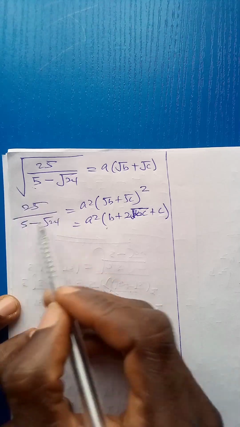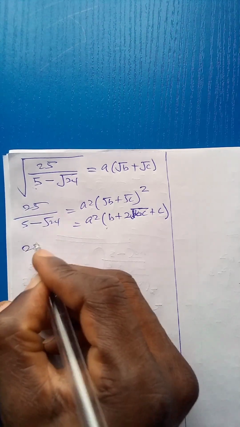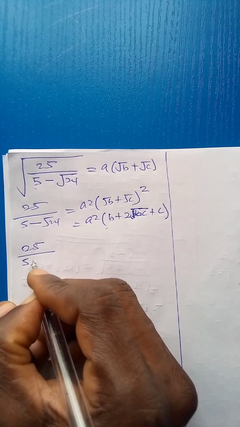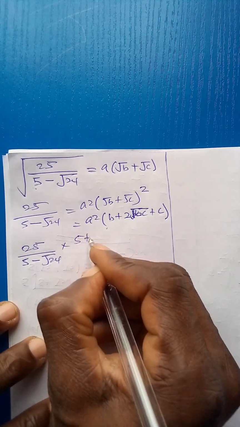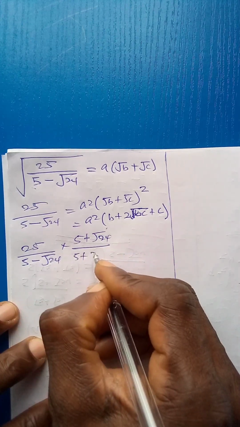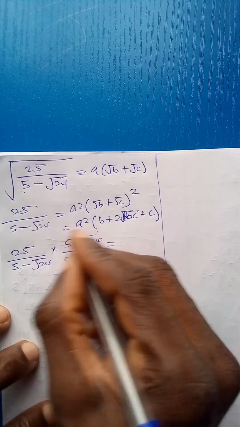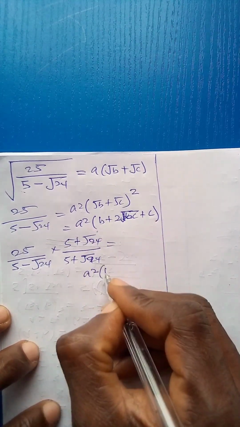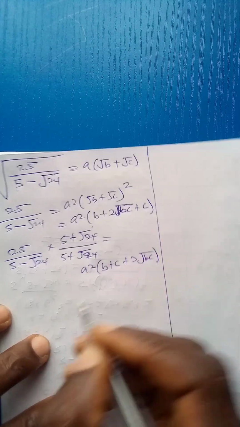Let's now rationalize the expression on the left hand side. So I have 25 all over 5 minus root 24 times 5 plus root 24 all over 5 plus root 24 is equal to all these. That is a squared times (b plus c plus 2 root bc). Good.